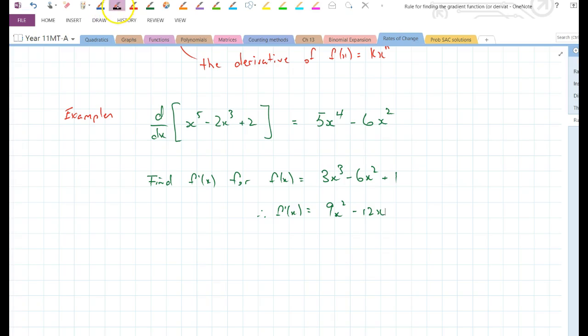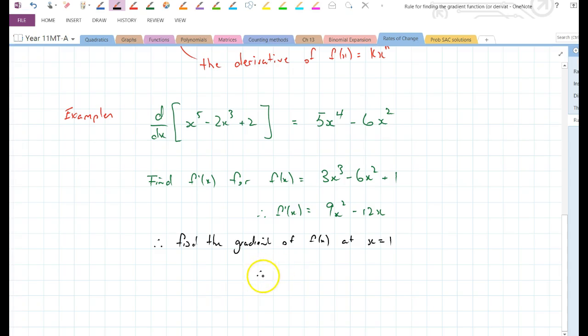So what we could do is extend this further and say, therefore, find the gradient of f of x at x equals 1.